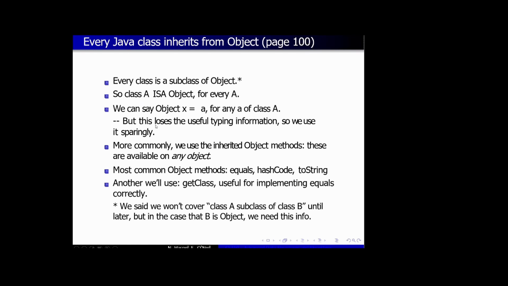That means, for example, we can say Object X equals A for any class. But it's not usually a good idea, because once you start calling it an X, you really don't know anything about it. You can't call any useful methods on it because Object is just the bare bones thing that has equals and so on. There's homework on that.